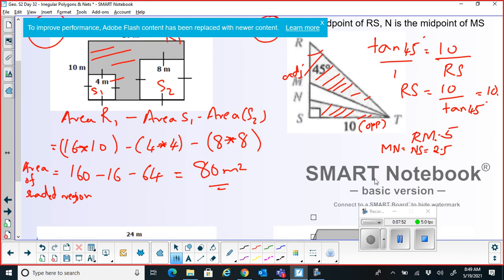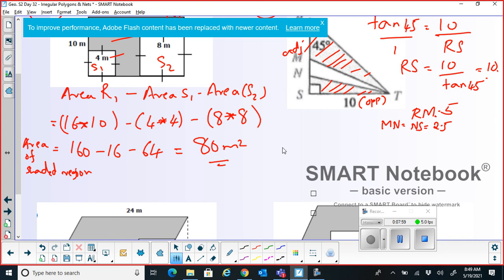First, let's find the area of this particular triangle NST. I'm just saying area for A, area of triangle NST is half of base times height, that is half of NS times ST. It's nothing but half of 2.5 times 10.